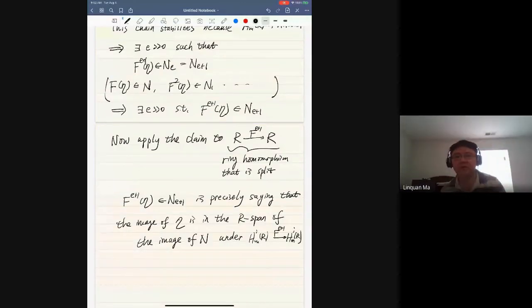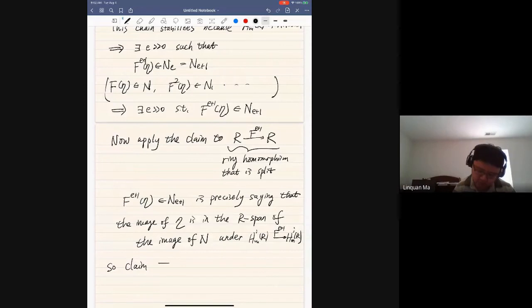This is precisely what the claim is saying. Now you can apply the conclusion of the claim. So the claim implies that eta is inside N. Contradiction.